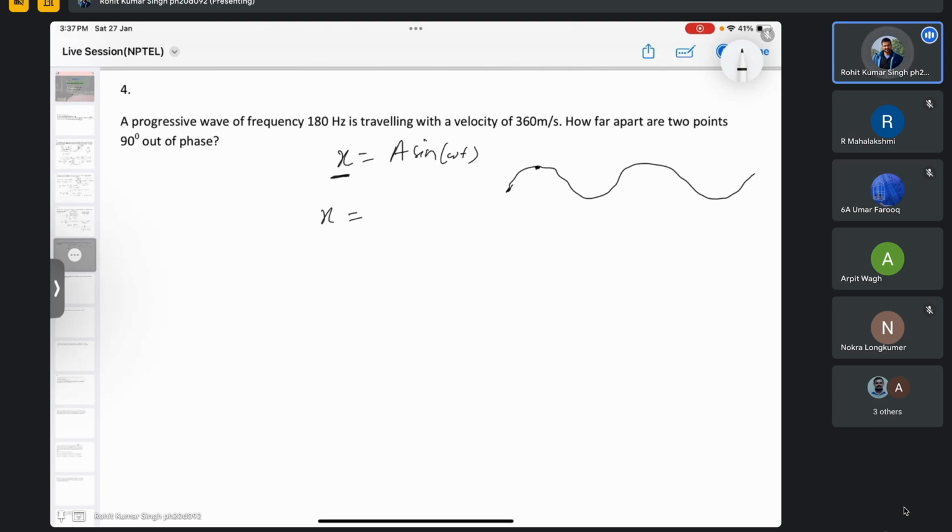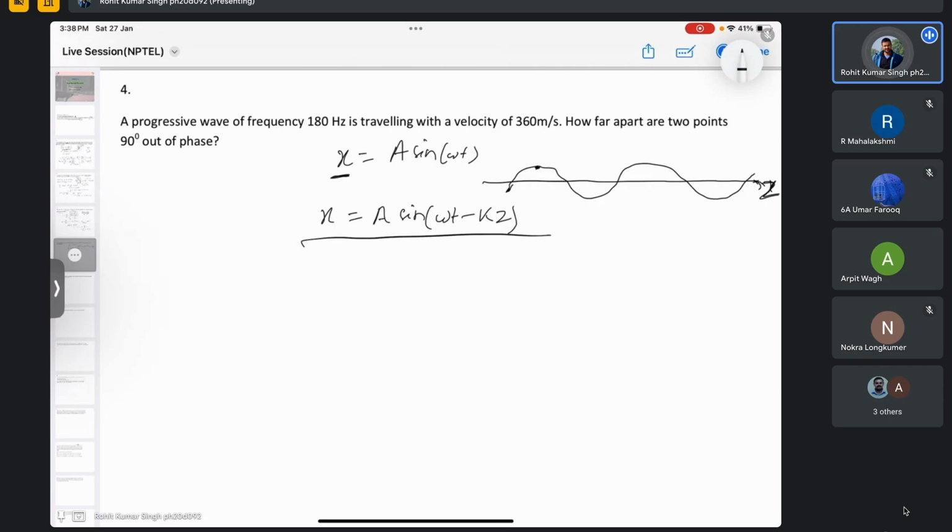Its equation is given by, suppose some amplitude A sine (omega t minus kz). Okay, so this is the z direction in which this wave is traveling.